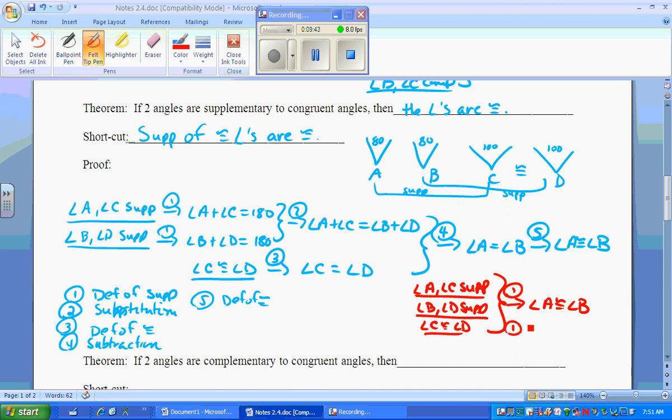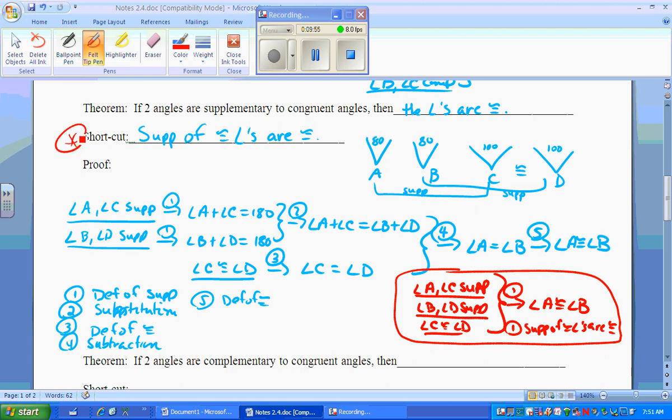This is what you want to do, and this reason is the supplements of congruent angles are congruent. This is how you want to use this theorem in your proofs.